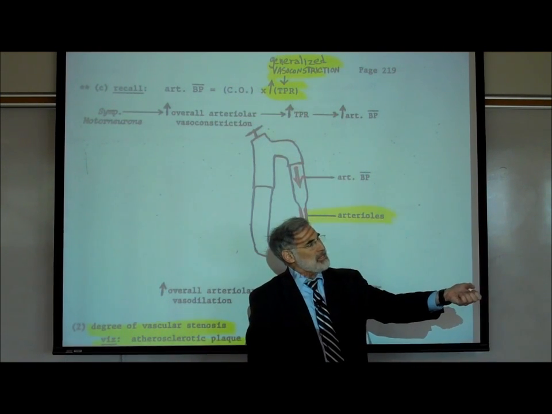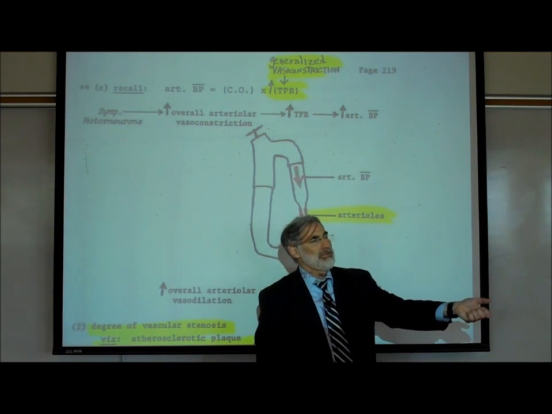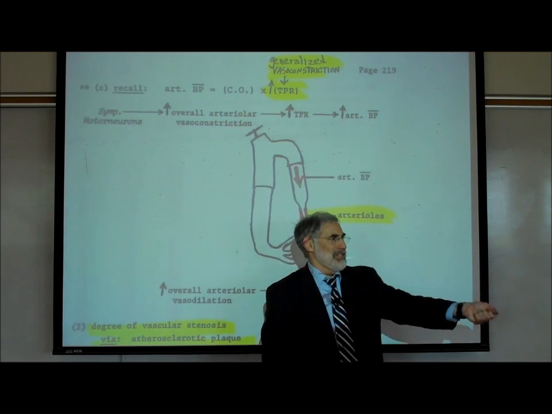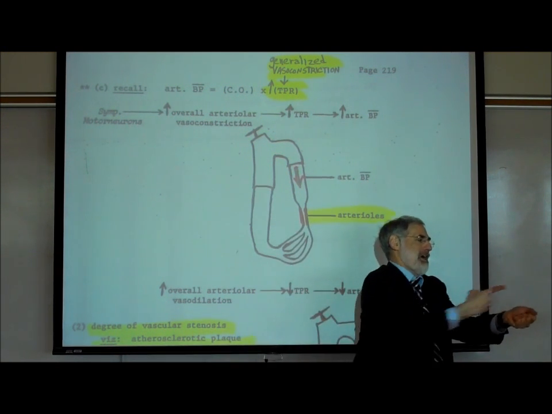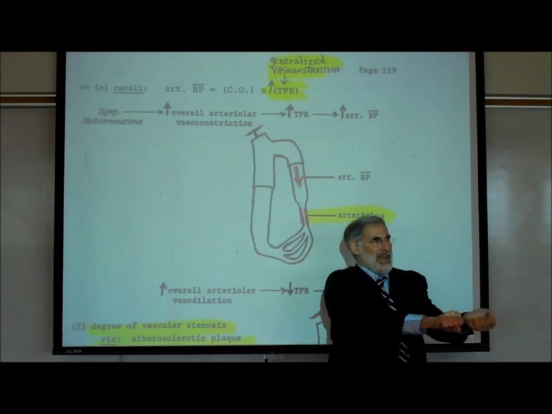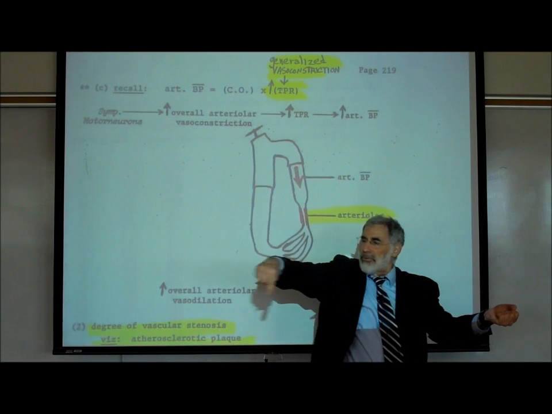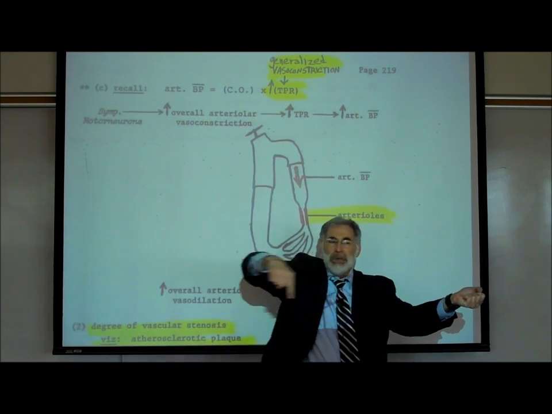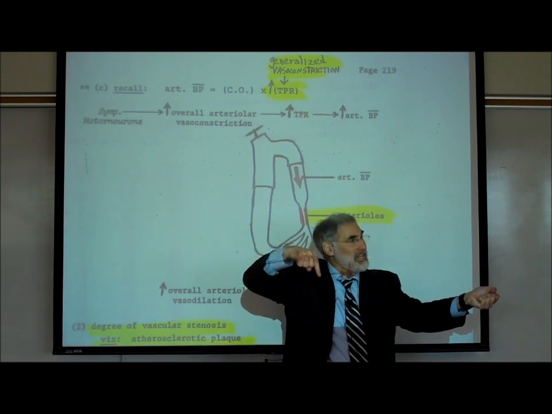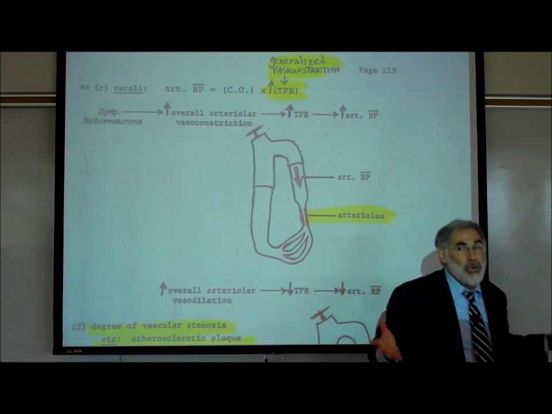If you squeeze the hose anywhere along that hose, what are you doing to the resistance? You're increasing resistance. You're making it harder for the water to flow past where you're squeezing it. Does that make sense? And what is that increased resistance doing to the pressure in the segment of the hose between the faucet and where you're squeezing it? It's raising the pressure. Can you visualize that? If you don't believe me, just try it.